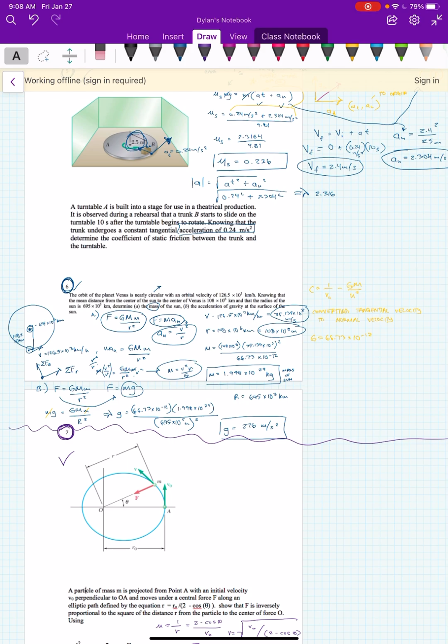So then I was able to find the mass of the sun. And so basically I had all of the information I needed to find the mass of the sun based upon that equation.